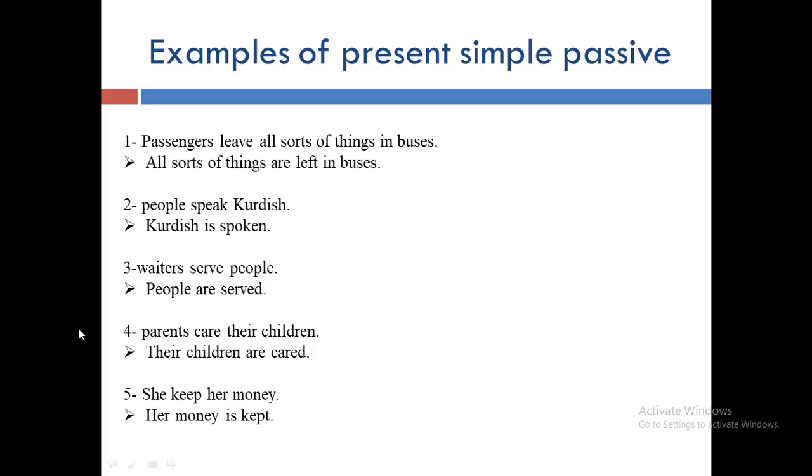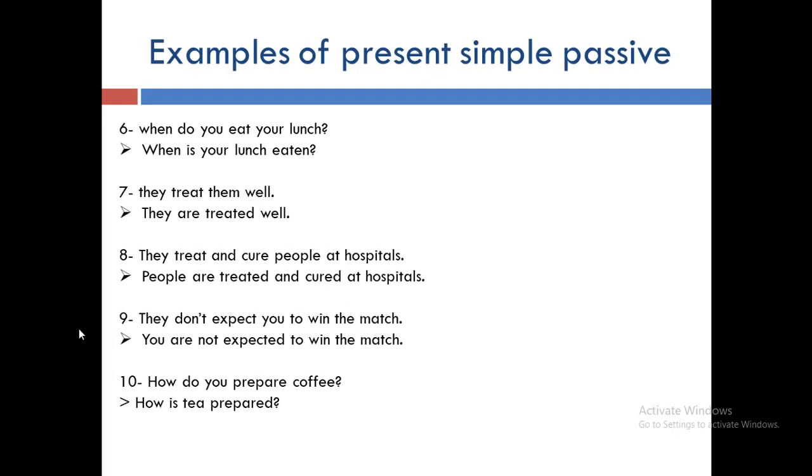Because money is uncountable. You say her money is, not her money are. So you say her money is what? Is kept. Let's move to the last slide about the present simple passive.